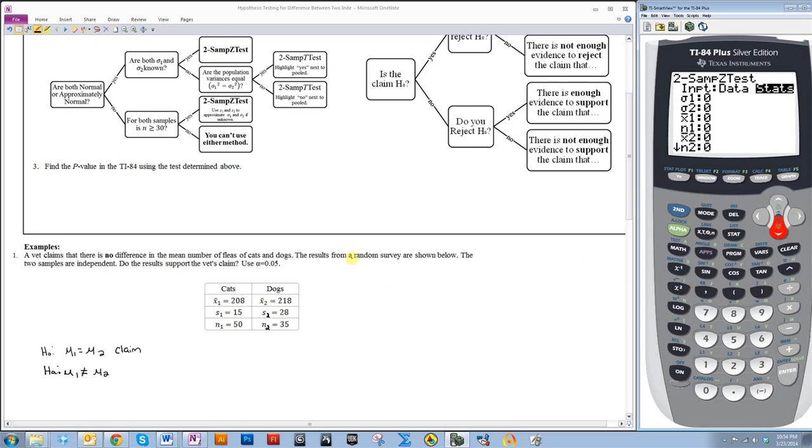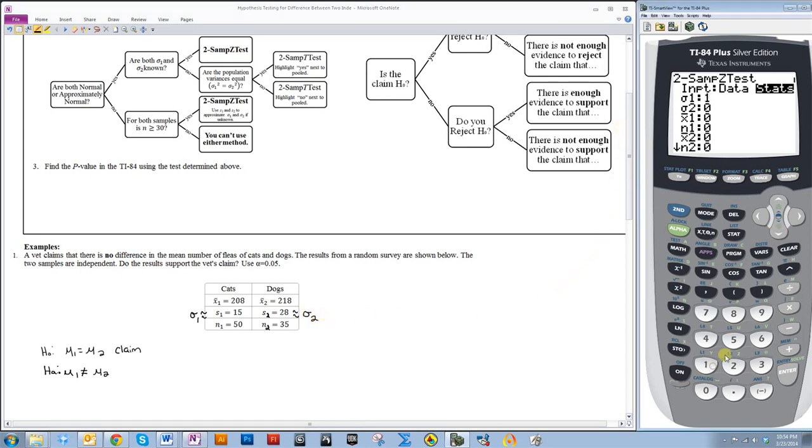Sigma 1, like I said, we don't know sigma 1, but because n is greater than 30, sigma 1 is approximately equal to S1, and sigma 2 is approximately equal to S2.